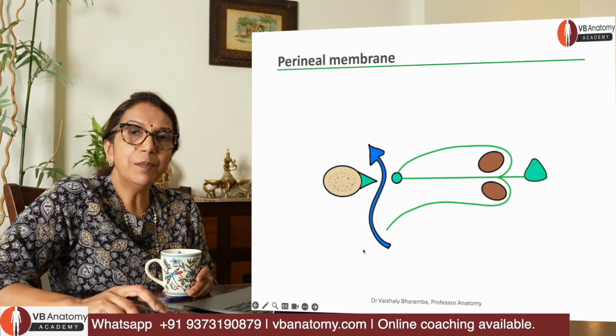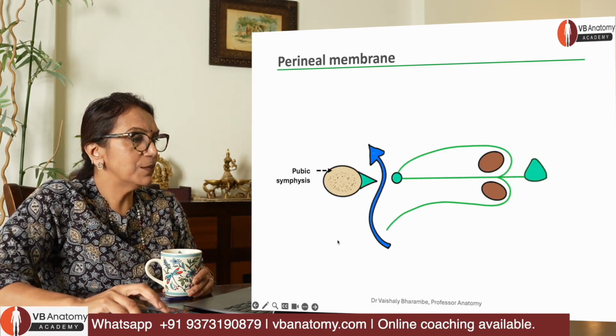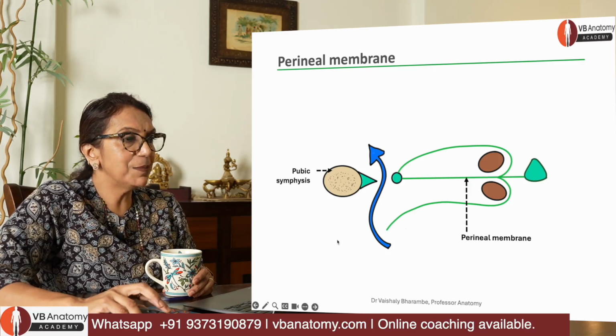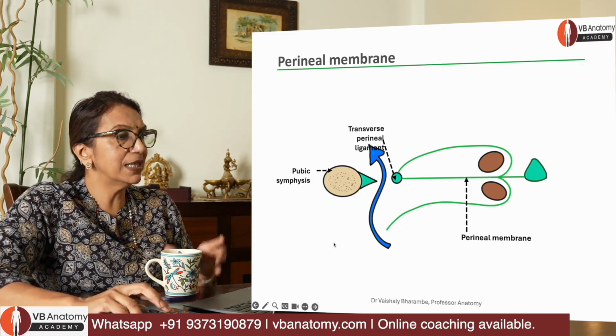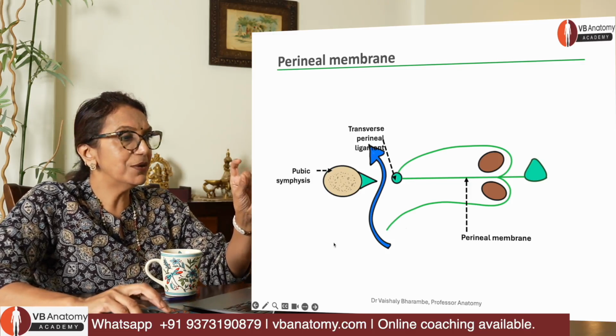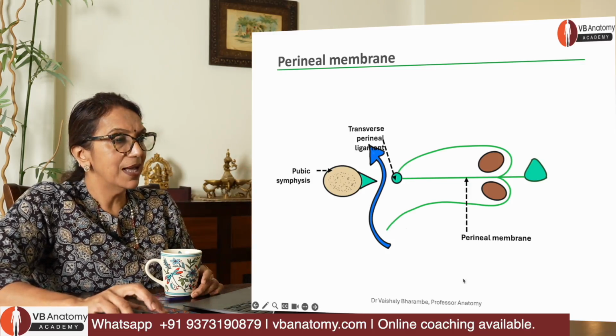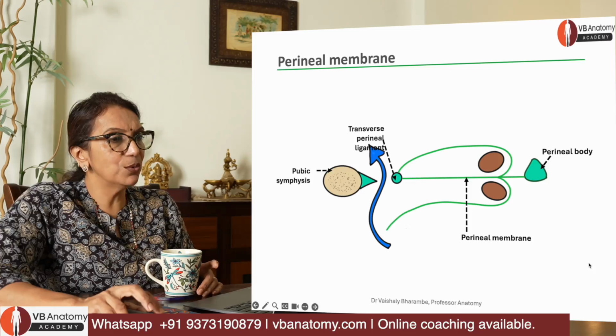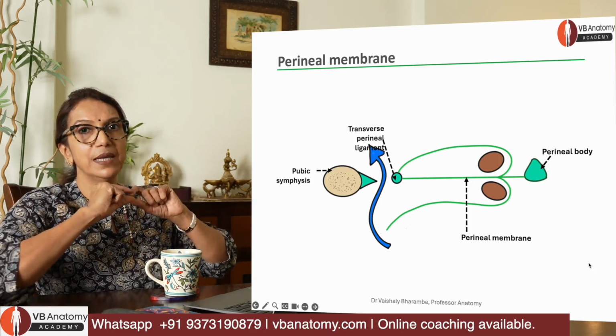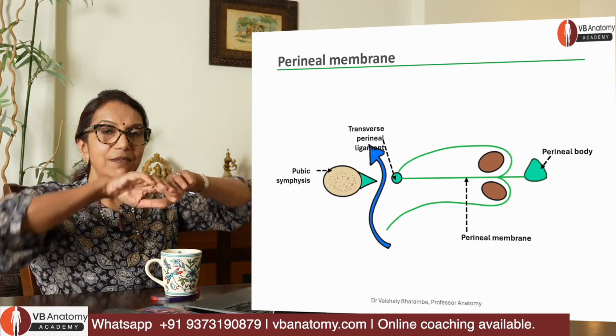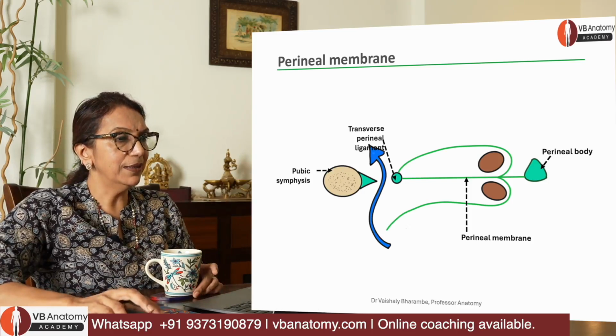So quickly, the perineal membrane. Here's the pubic symphysis, here's the perineal membrane, which you can see thickens anteriorly to form the transverse perineal ligament. As it passes posteriorly, it's attached to the perineal body. It divides into two layers in this manner.